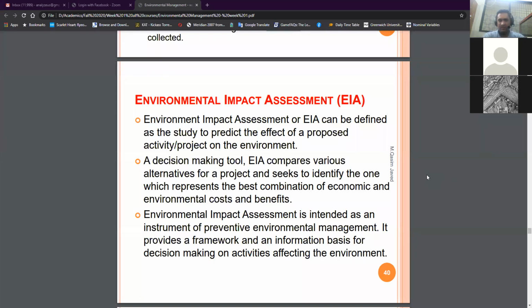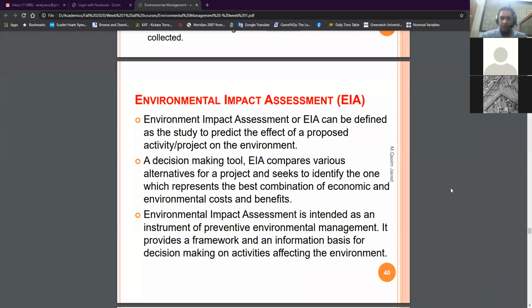This is extremely important for project managers, even marketers, and businesses and strategic planners, because everything that has to be done or can be done has to be assessed using the environmental impact assessment. The problem is that in Pakistan we have relatively limited rules and regulations which may require an EIA.